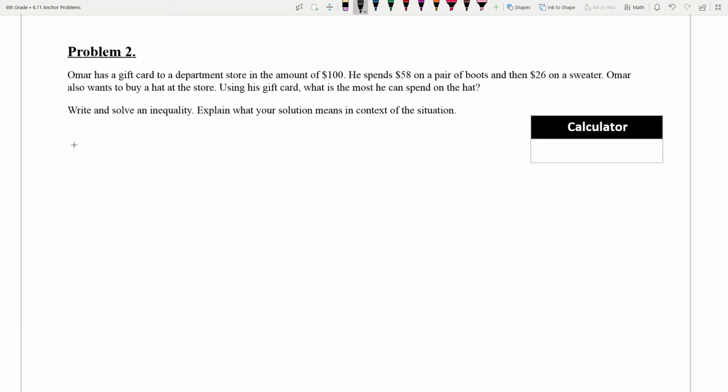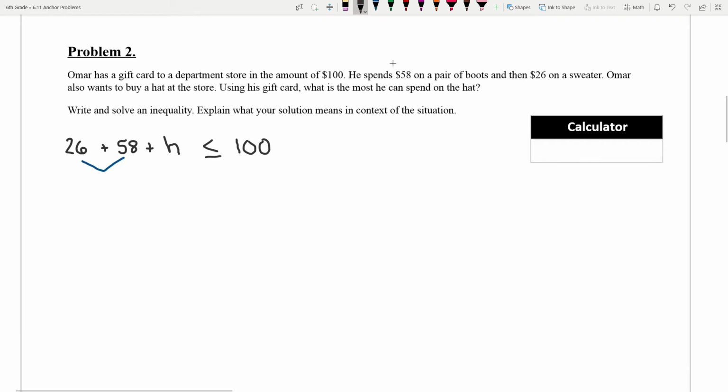We have $26 on the sweater plus $58 for the boots plus $h for the hat. Now, he's not going to spend more than the $100. And so this amount of money needs to be less than or equal to 100. And so the first thing we're actually going to do here is simplify this left side.